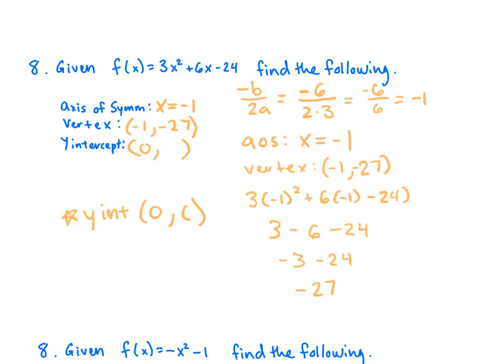What is our c here? Negative 24. Perfect, negative 24. So our y-intercept is when x is 0. We could plug in 0 into this equation, but we always know we're going to get c when it's in standard form. So our y-intercept is negative 24. Any questions on this one?